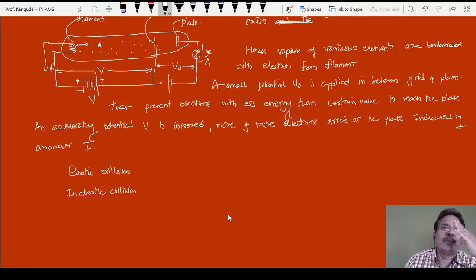Now this up and down, this increase and fall, must have some connection. So why is this happening? This is what Franck and Hertz thought about in their experiment, and later they found that it is connected to the first excitation, second excitation, third excitation of the gas atoms, which are being excited from the ground state to the first excited state. Then the number of electrons reaching the plate is less, and therefore the current drops.